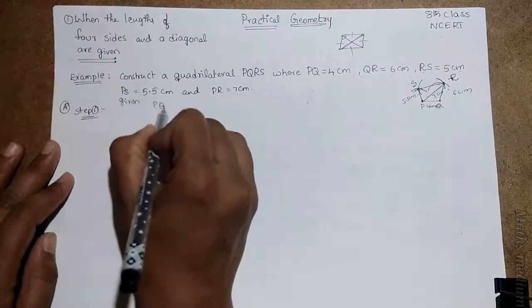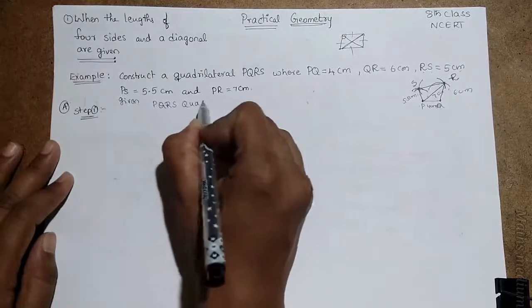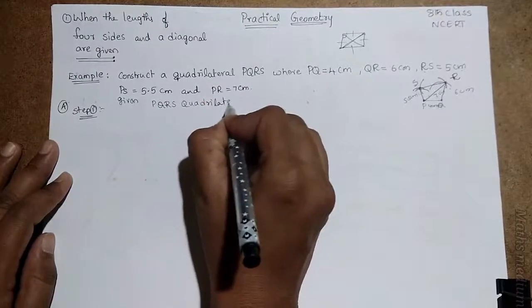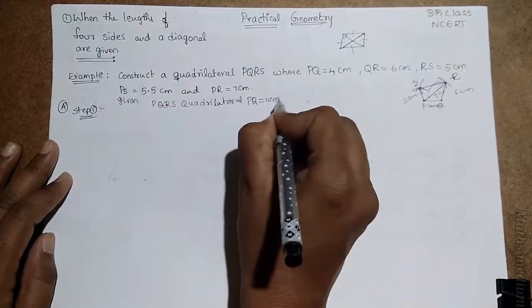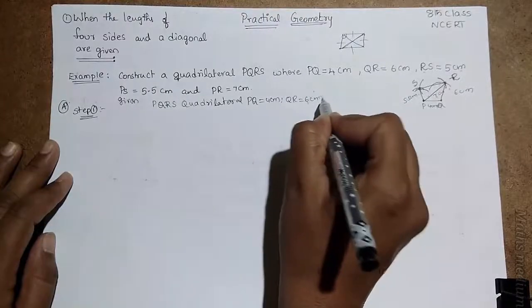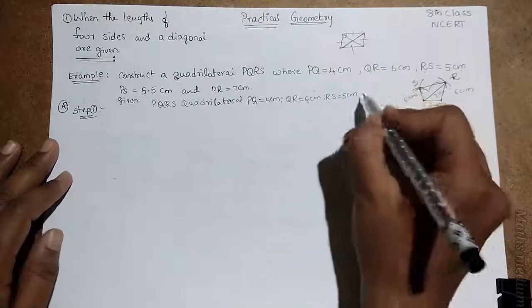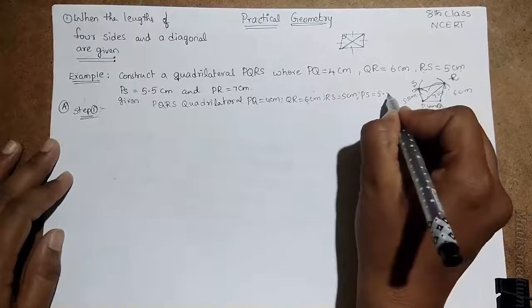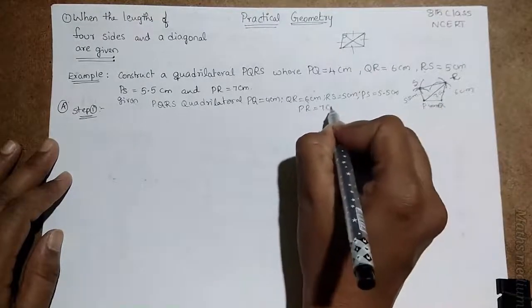Given: PQRS quadrilateral with PQ 4 centimeters, QR 6 centimeters, RS 5 centimeters, PS 5.5 centimeters, and PR equal to 7 centimeters.